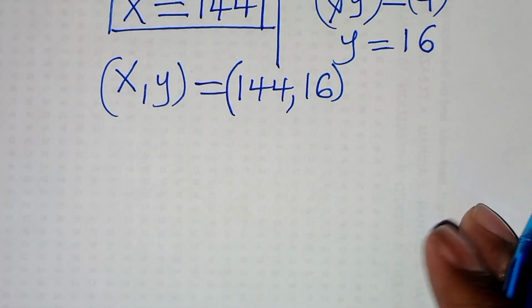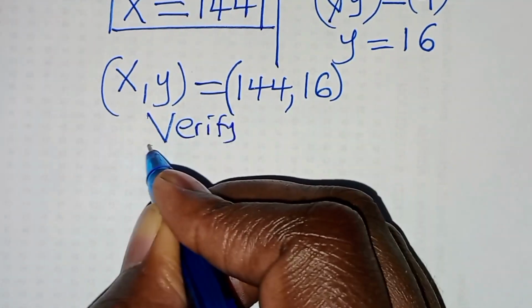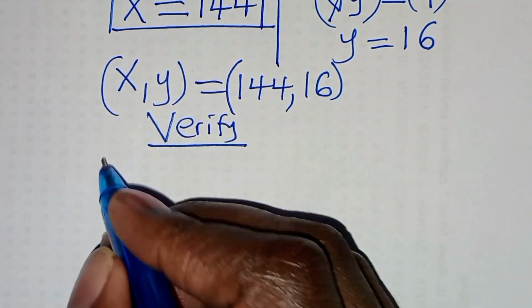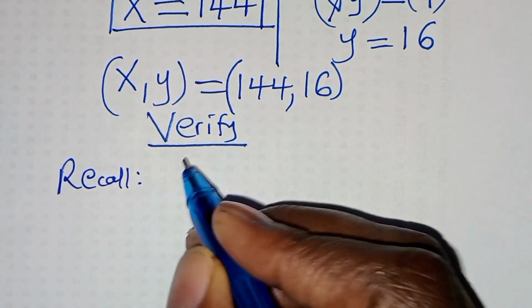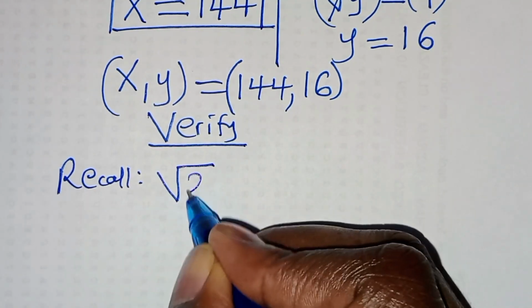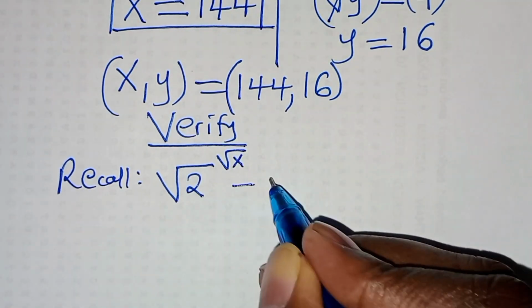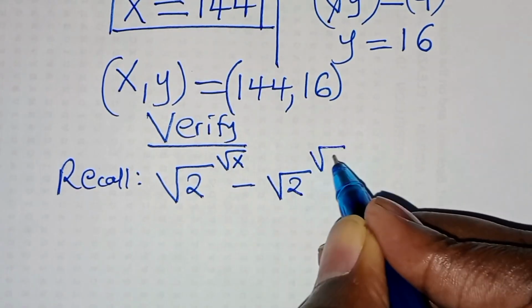The next step from here is to verify. So let's verify that x and y satisfy the equation. Now, if you recall here, we have that the square root of 2 raised to the power square root of x, subtract square root of 2 here, raised to the power square root of y.